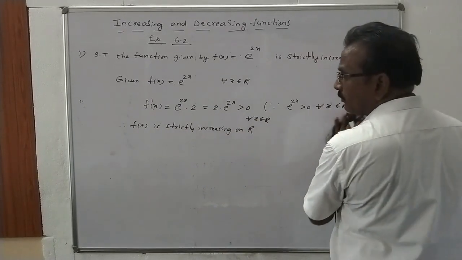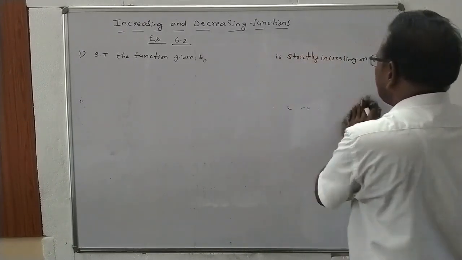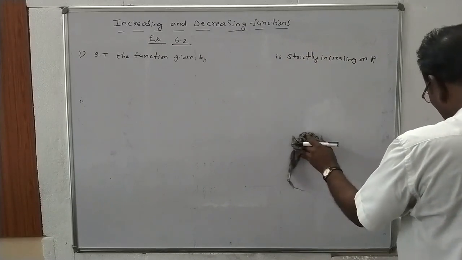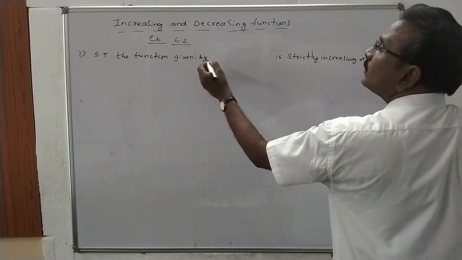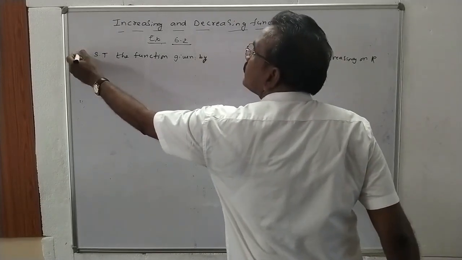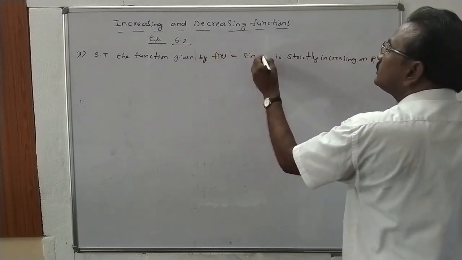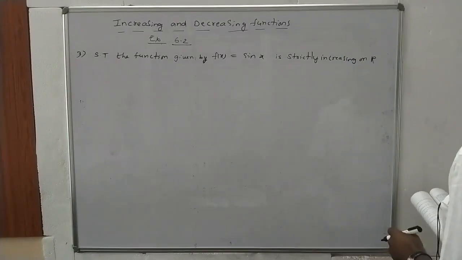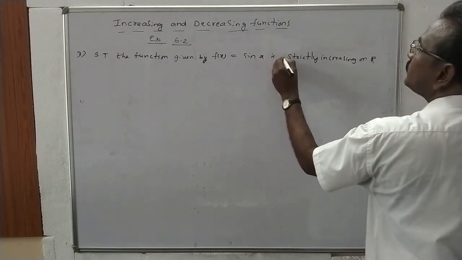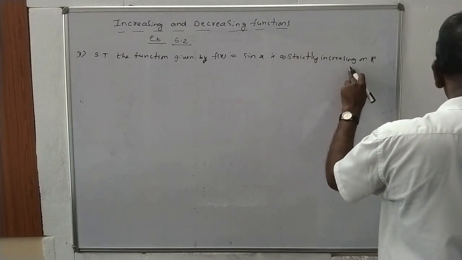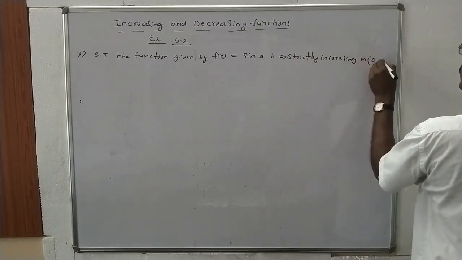Next, question number 3. Show that the function given by f of x is equal to sin x is, first one, strictly increasing in the open interval 0 comma pi by 2.